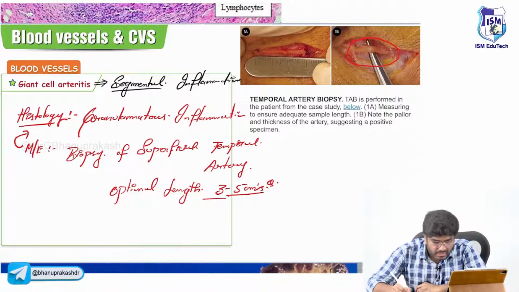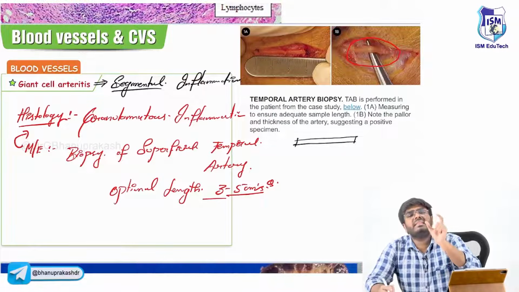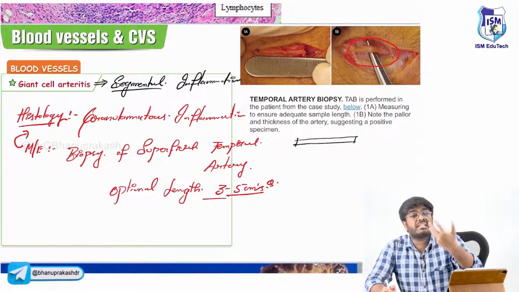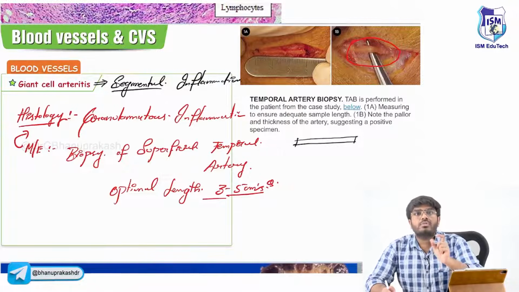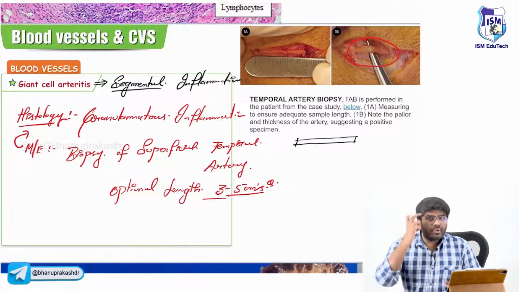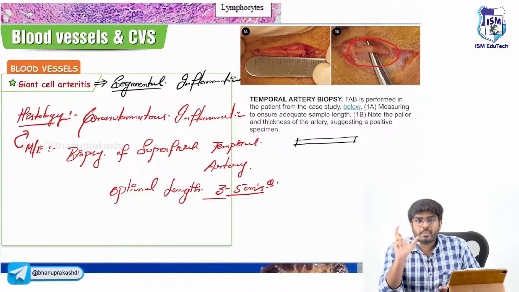So if you take a small piece, only 1 centimeter, maybe in that particular area there is no inflammation. So you will miss the diagnosis. For that purpose, you need to take a large piece of temporal artery biopsy.